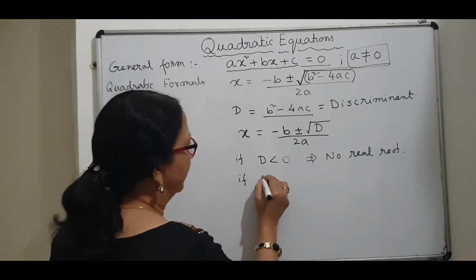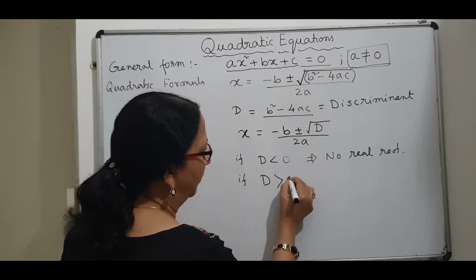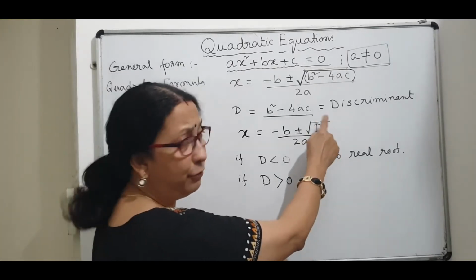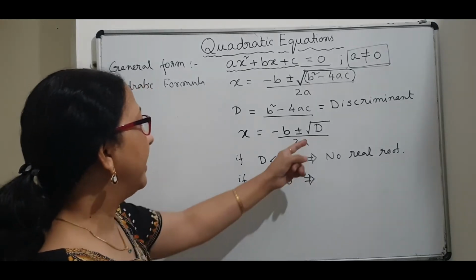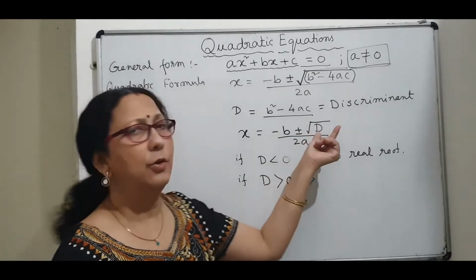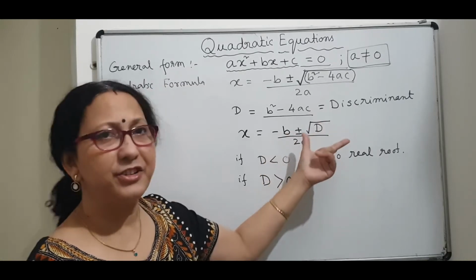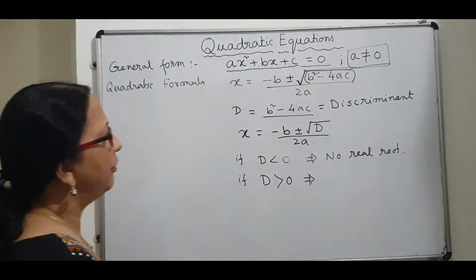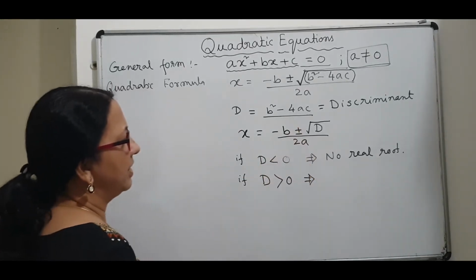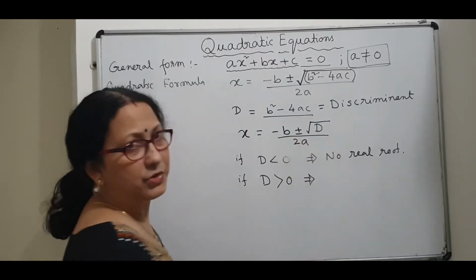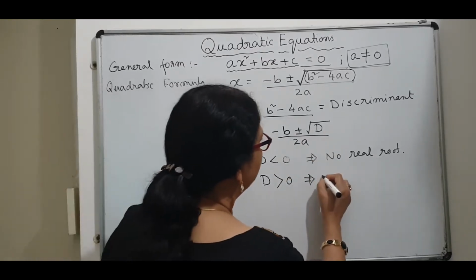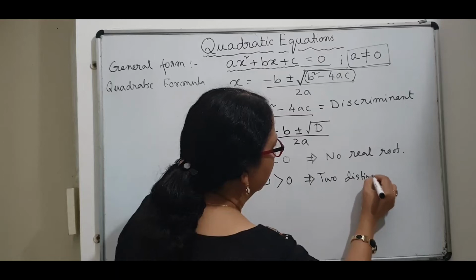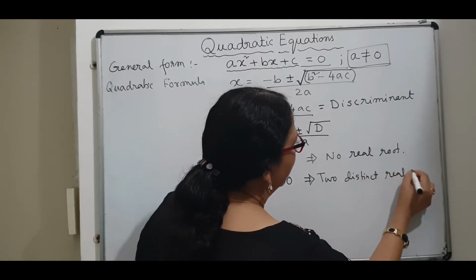However, if D is greater than 0, then we'll get real values. If D is a whole square, the roots will be rational, and if D is not a whole square, they will be irrational. Because of the plus minus sign, we will get two distinct real roots.